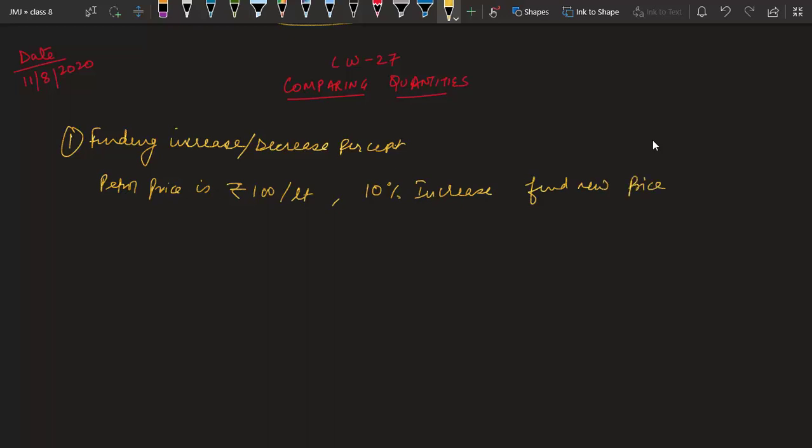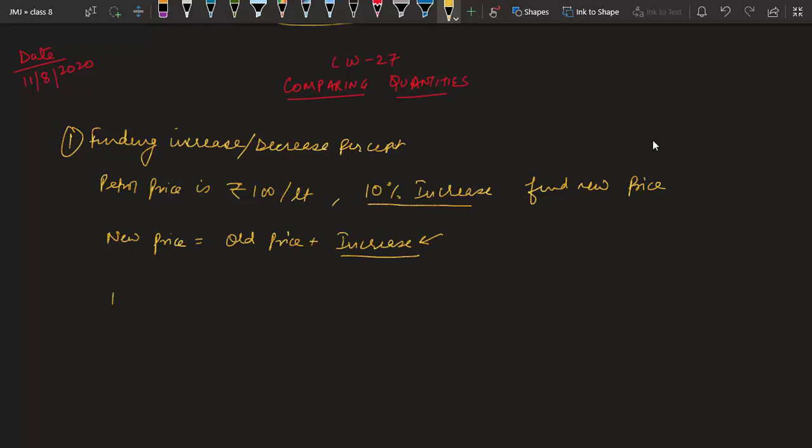So you will find the new price is equal to old price plus increase. But this increase is not a percentage, this increase is a value. Given to us is a 10% increase. So first we have to find this value and then add it to the old price. Let's find it.